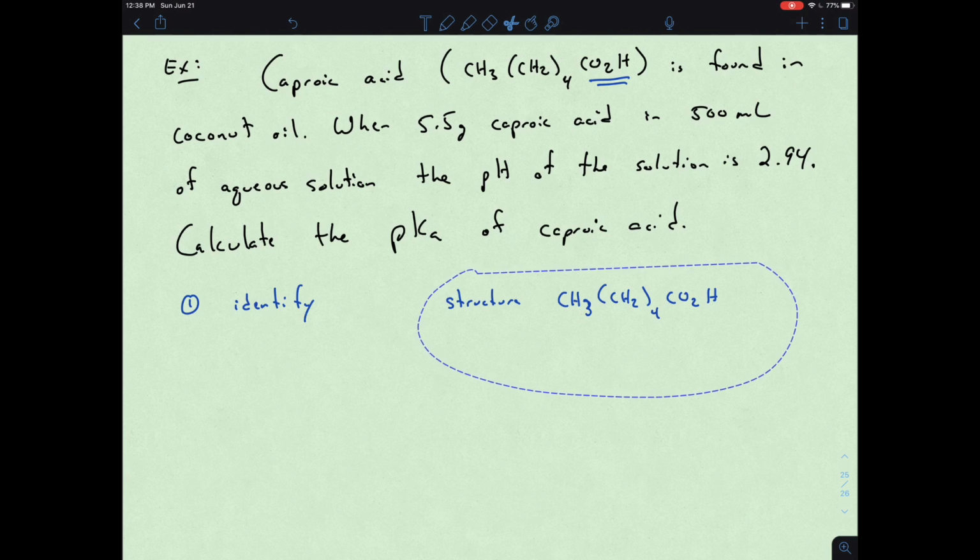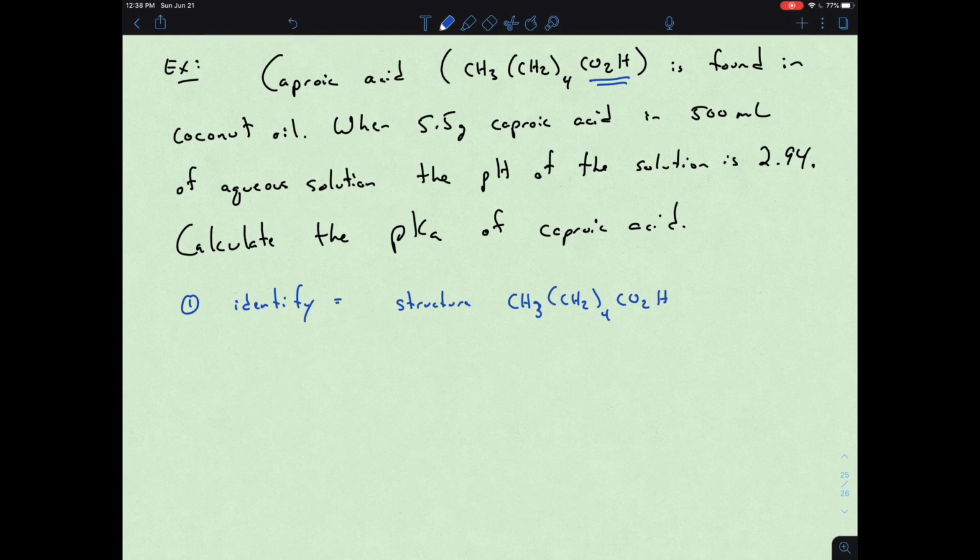One way to identify it is looking at that CO2H. But also, we're solving for a pKa, which is basically a Ka just after we've taken the negative logarithm of that Ka. So both of these are telling us we have a weak acid material in terms of this caproic acid.